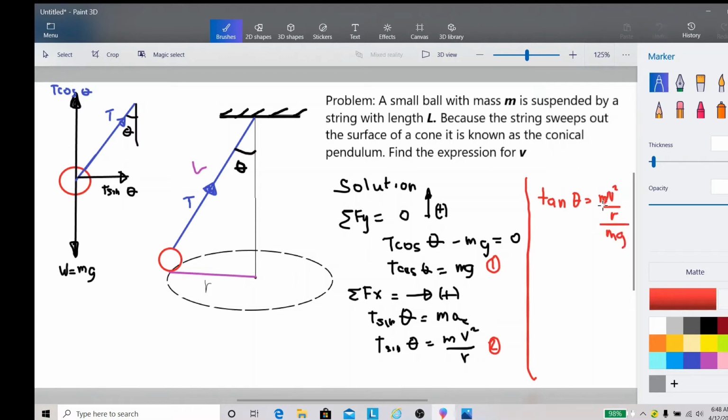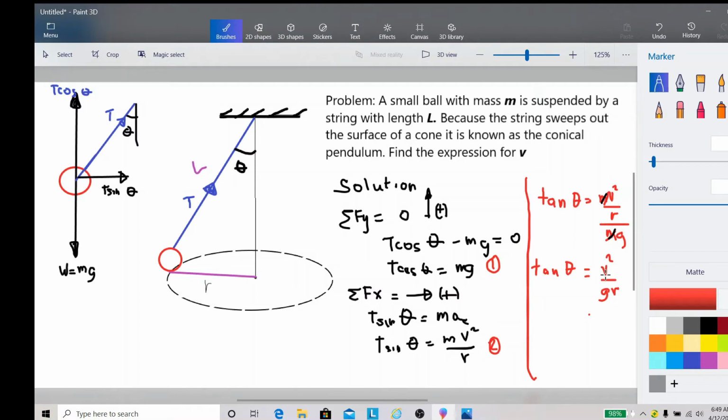The m will cancel out, so what will be left is tangent theta is equal to v squared over g r.